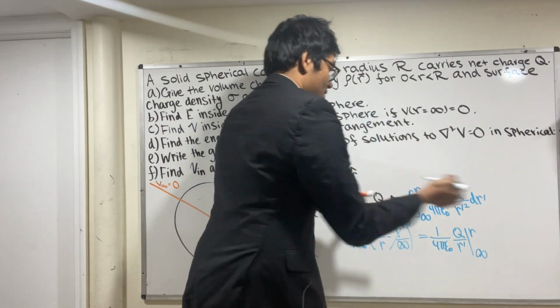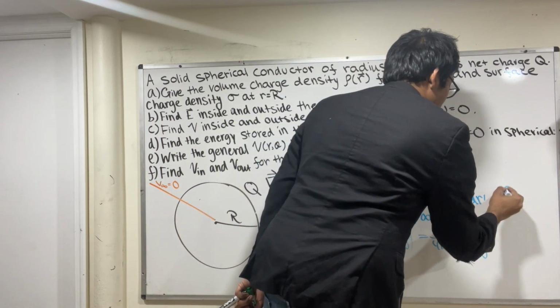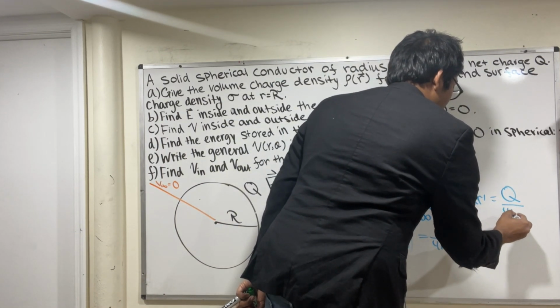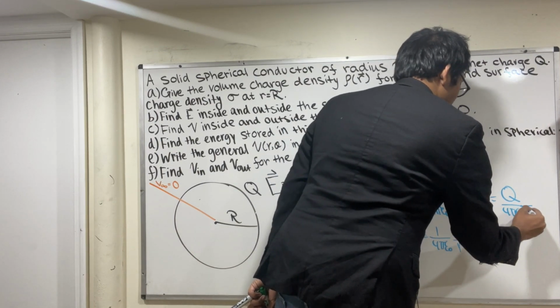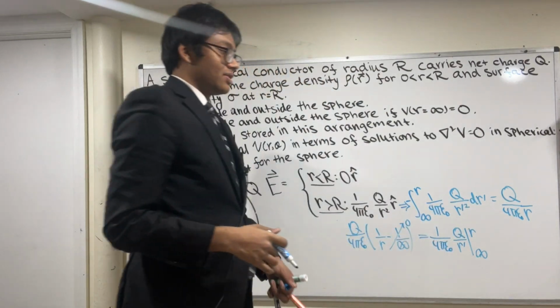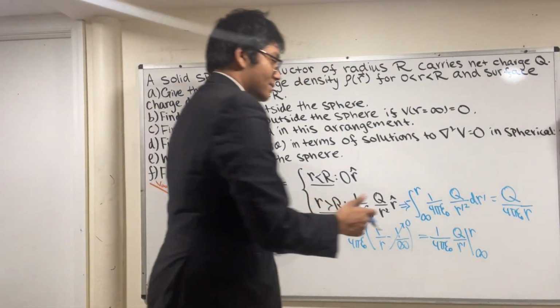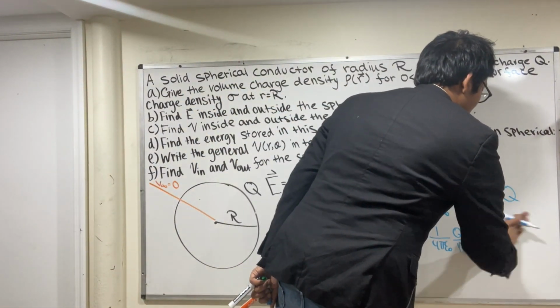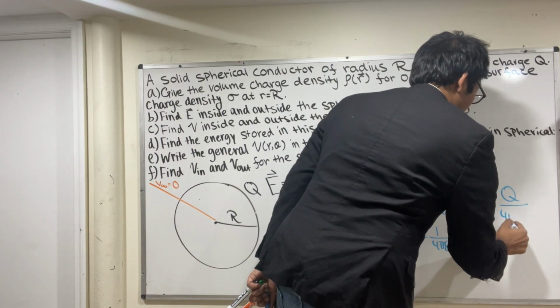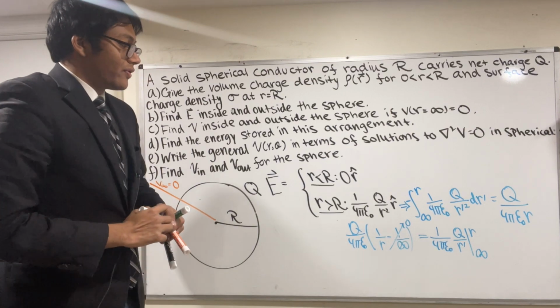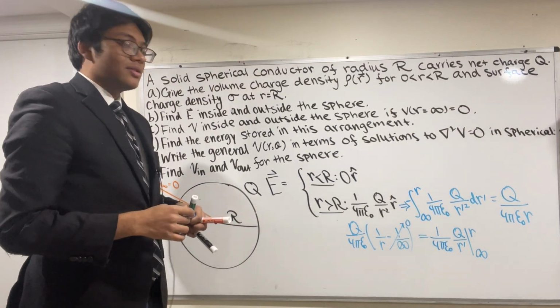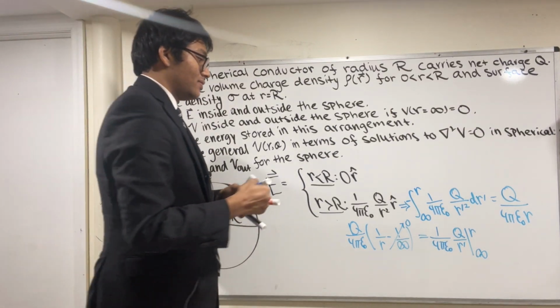So this is going to be q over 4 pi epsilon naught, no, just lowercase r. There you go. And of course the electric potential has no direction, hence it is just a scalar, right? There you go. That's your electric potential outside the sphere.